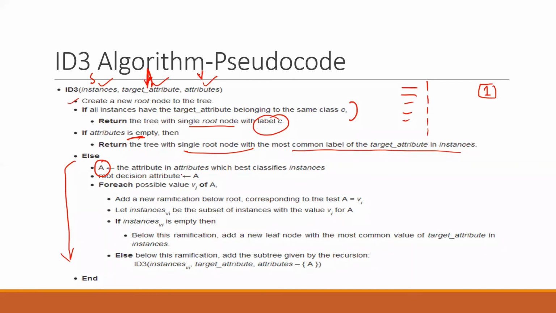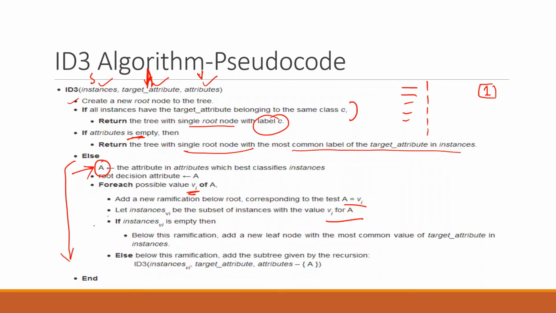The root decision attribute is A. And then for all the possible values Vi of A, whichever classes are there in A, for all of them one by one it will be checked. Add a new ramification below root corresponding to the test of A equal to Vi. Let instances be the subset of instances with the value Vi.